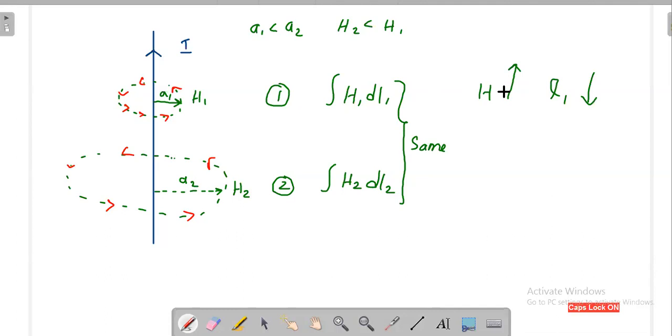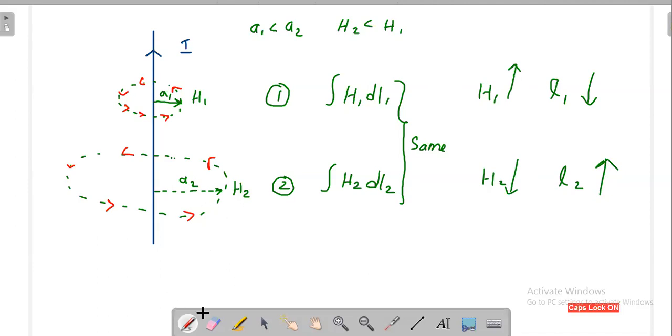That is low, but H is high. In the second case, H is decreasing but my length is increasing. So one parameter increases while the other decreases. That's why in both cases the answer is the same.